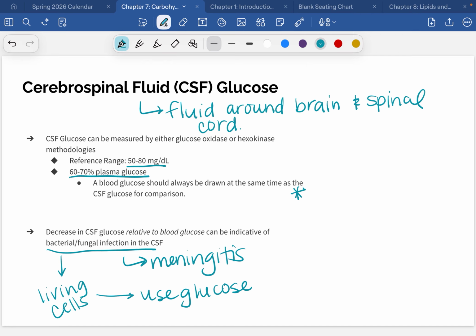So a decrease in CSF glucose relative to the blood glucose can be indicative of a bacterial or fungal infection in the CSF. But that relative to blood glucose is absolutely key. You always have to compare the CSF to the blood glucose drawn at the same time.